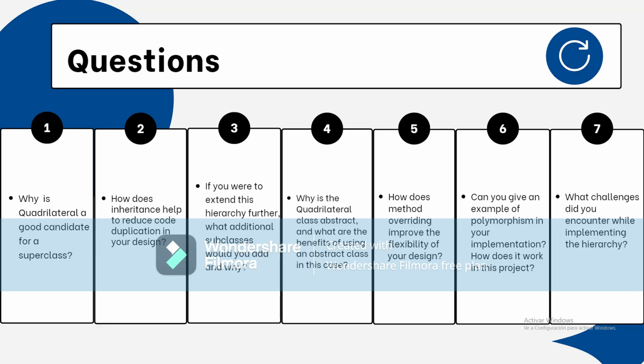6. Can you give me an example of polymorphism in your implementation and how does it work in this project? Okay, polymorphism allows a subclass object to be treated as an instance of its superclass. This means that we can use a quadrilateral reference to store any subclass objects like rectangles, squares, etc. And when calling overriding methods, the correct version from the subclasses is executed.